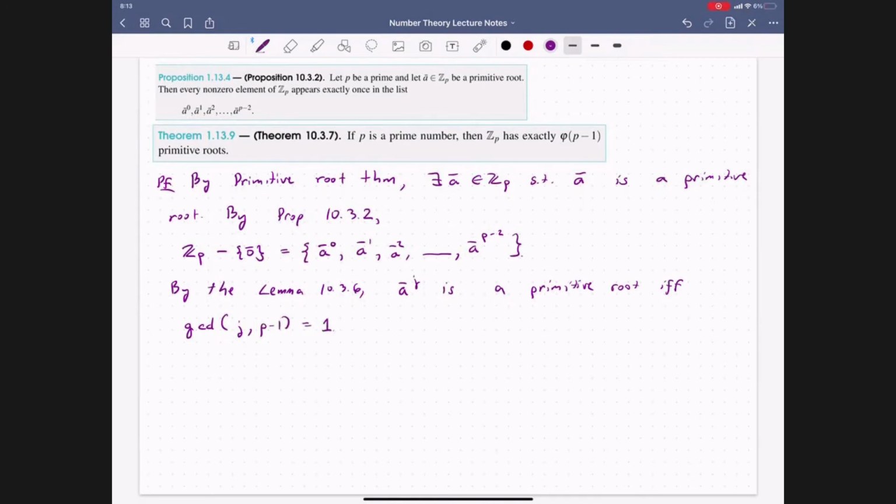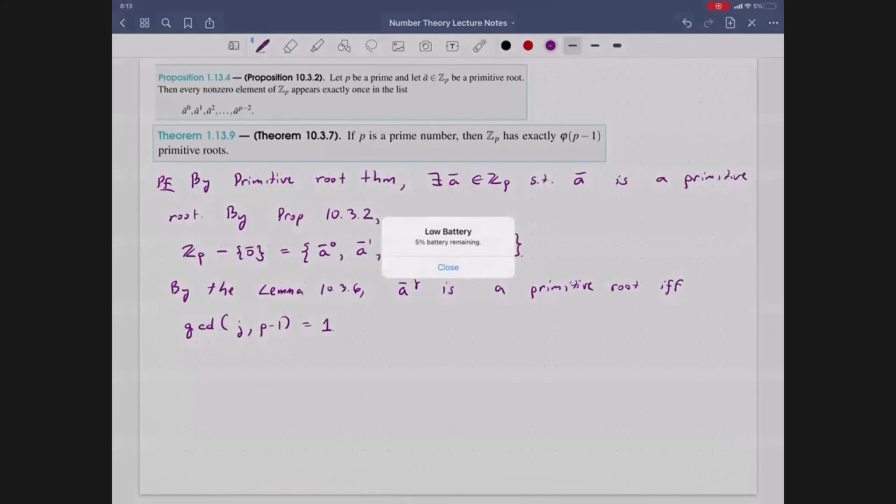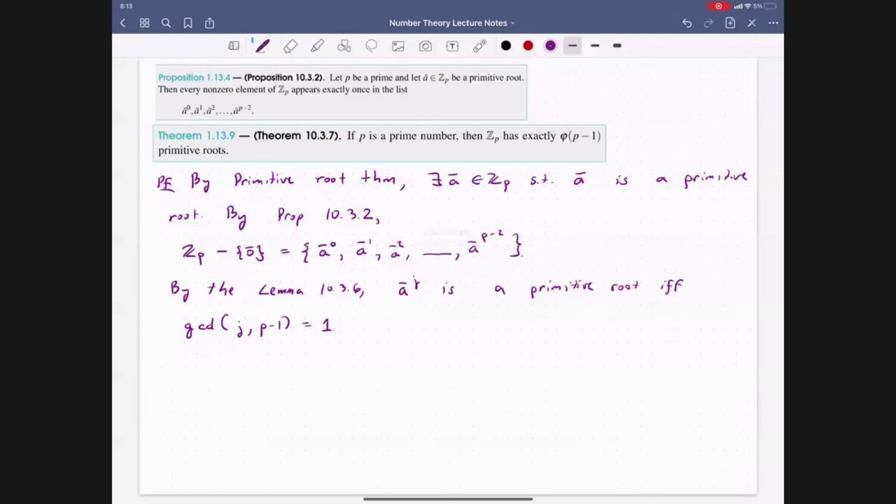So we have this here. But there are exactly phi, so that's the definition of the Euler phi function, so there are exactly phi of p minus 1 j's satisfying GCD of j and p minus 1 being equal to 1 by definition.